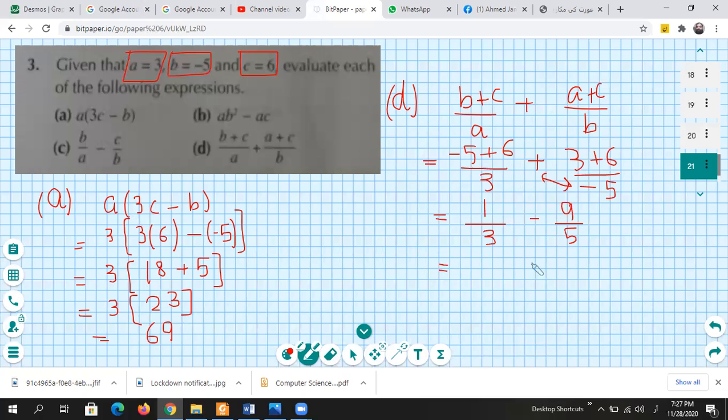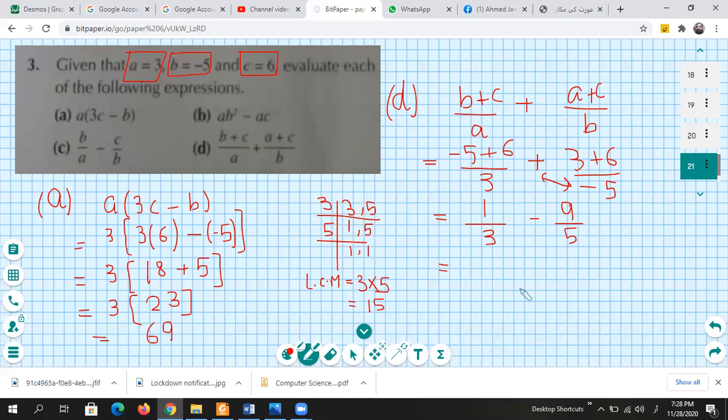Now we have two fractions and we have to subtract the second one from the first. So the basic rule is to find the LCM of the denominators, 3 and 5. So 3 ones are 3, 5 as it is, and now 5 ones are 5. So LCM is 3 times 5 or 15.